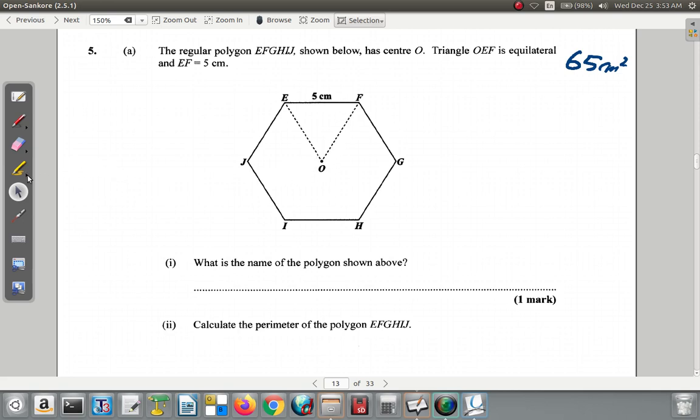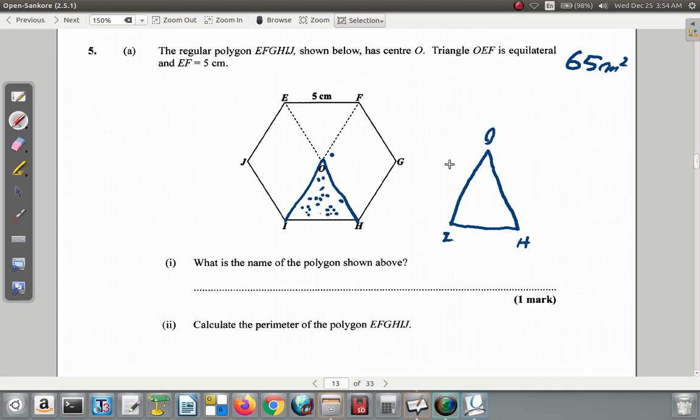So let us make a triangle with the base at the bottom. So I want my triangle that I'm looking at to be this one. Alright, so let's concentrate on this triangle for now. Let's take it and put it right here. So I have the I, the H, and the O. So I'm looking at triangle IHO.